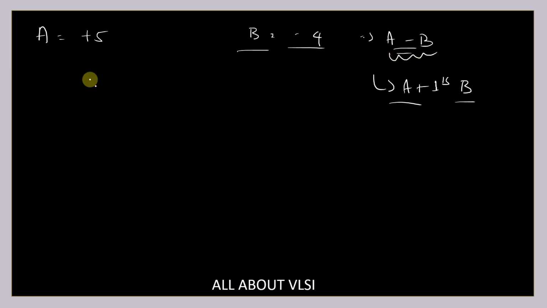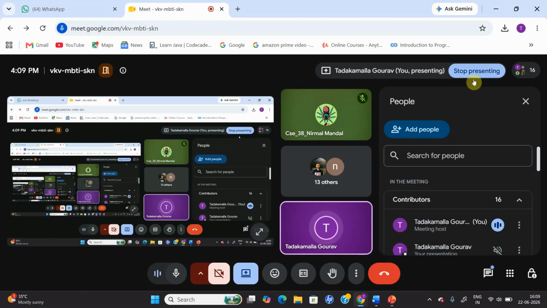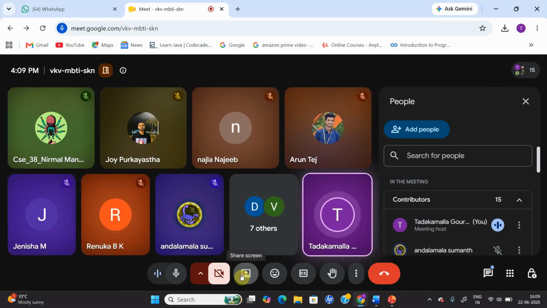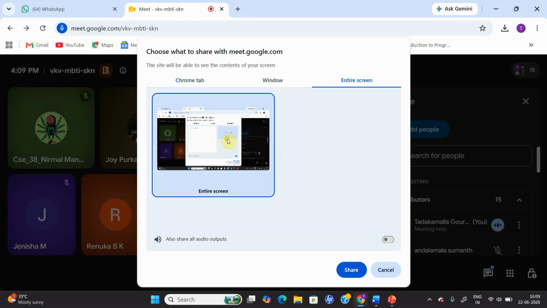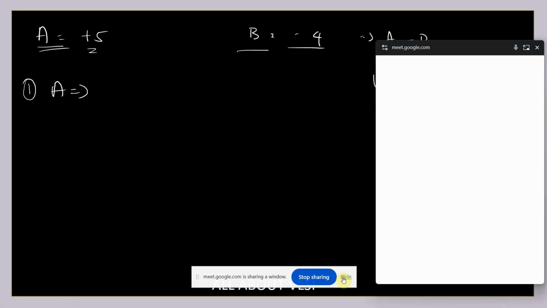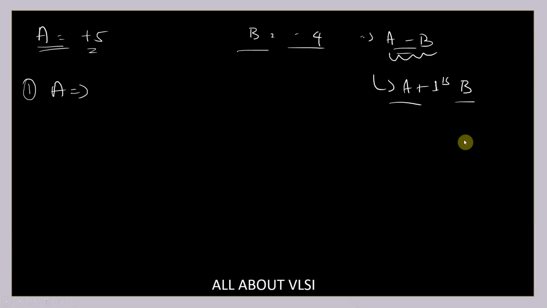Okay. For example, first of all, let's see how to perform this operation. Whatever number is positive, you write down as it is. So what is the value of A, guys? How many bits should we take for A, whether it is 3 bits, 4 bits, or 5 bits, if we are representing it in one's complement format? 4 bits. Okay, so it's nothing but 0, 1, 0, 1.